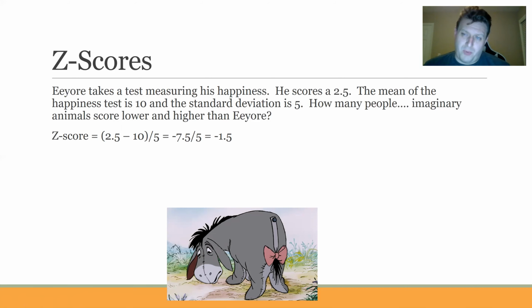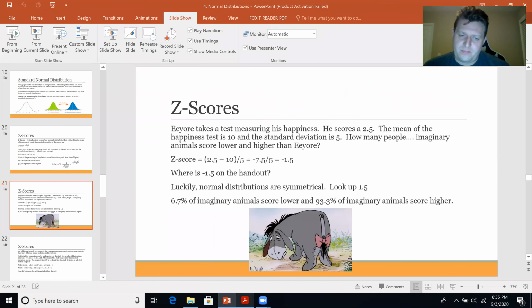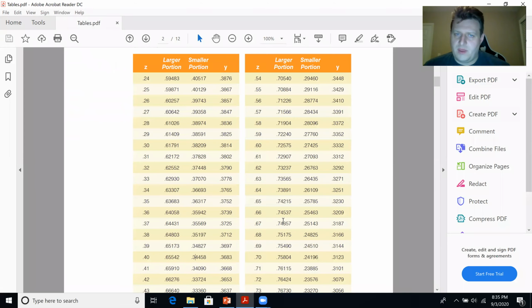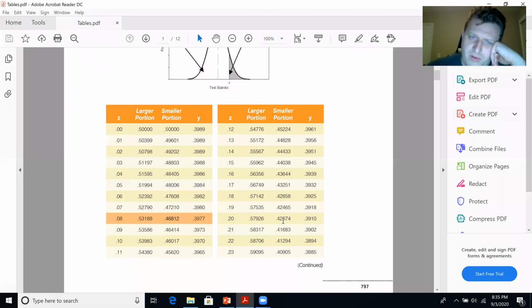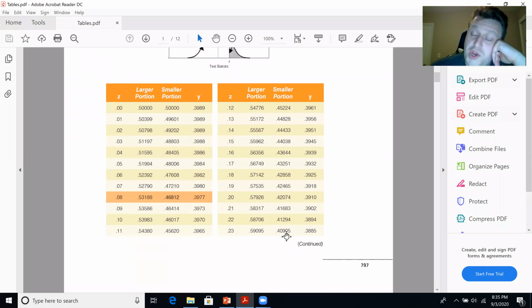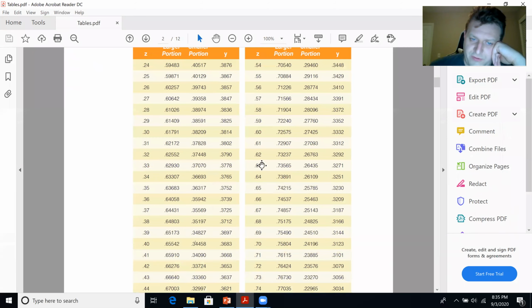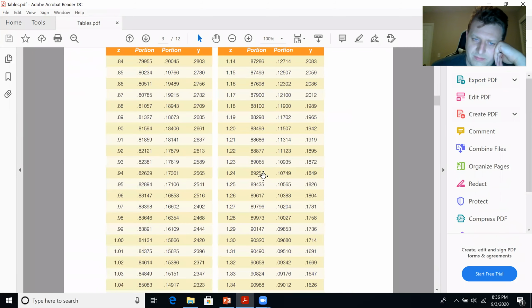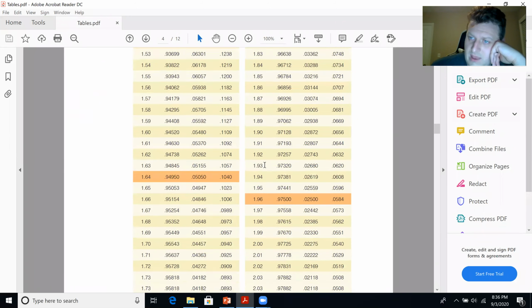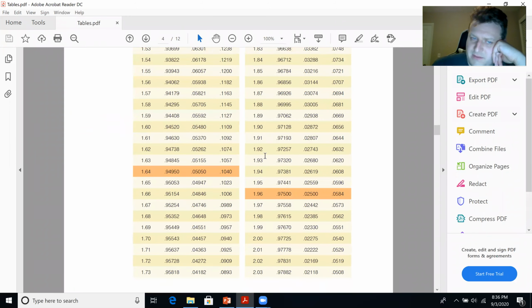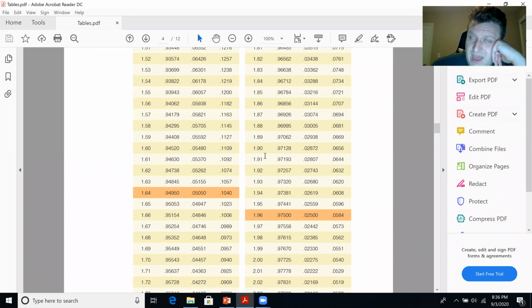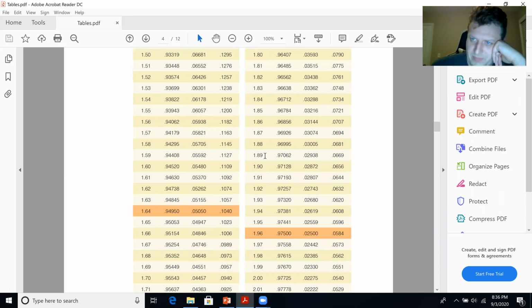But we'll run into a problem. If I look at my table, there are no negative values. Oh no. Is my table busted? Should I have given you another table?